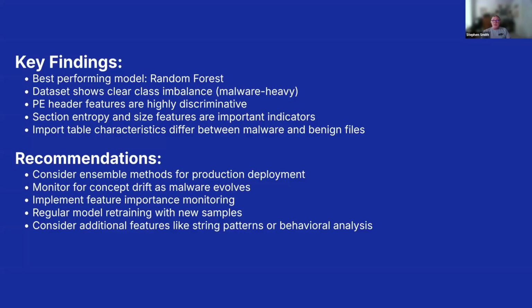Malware is going to change, right? What features are important, if that changes, that might be an indicator that things are shifting with respect to the samples you're seeing. And then you've got to retrain the model on a regular basis with new samples, right?